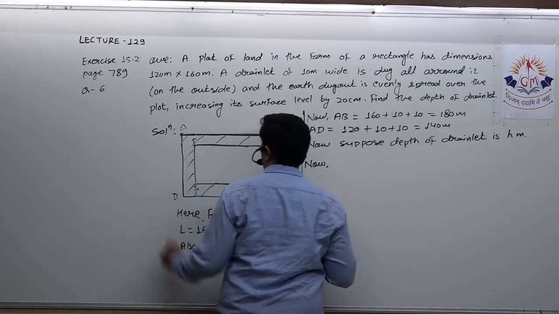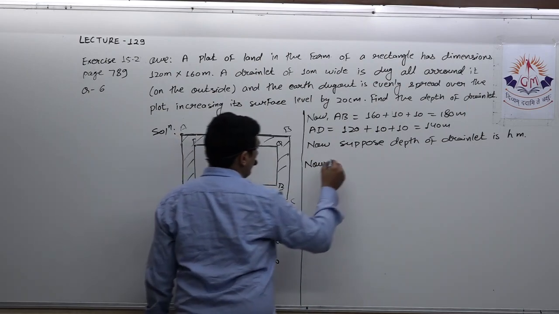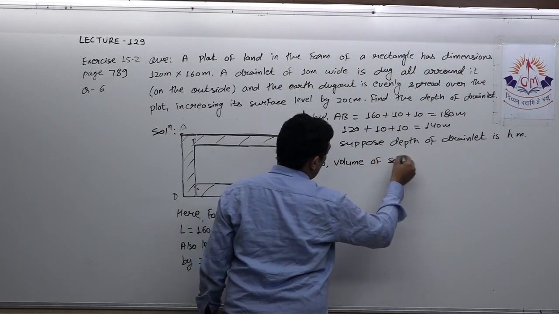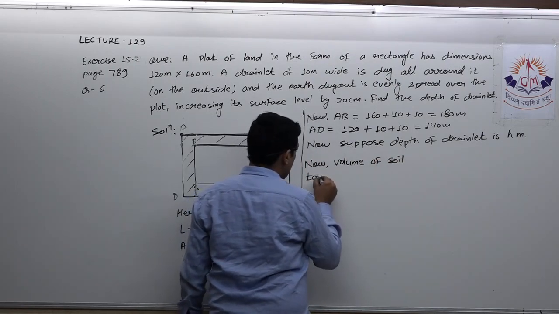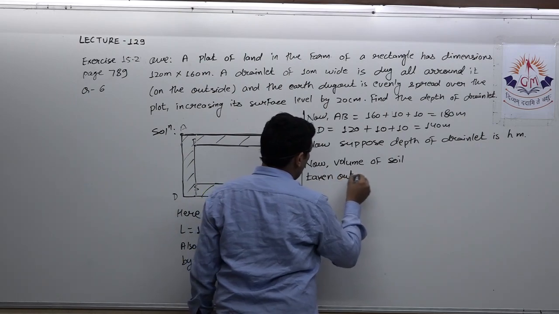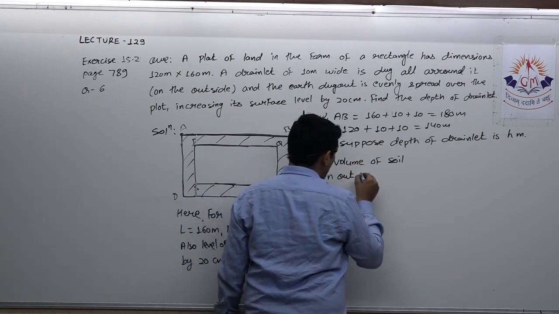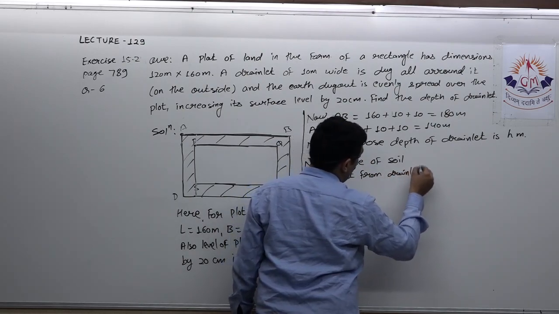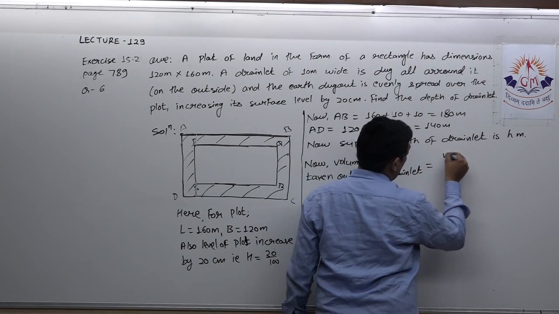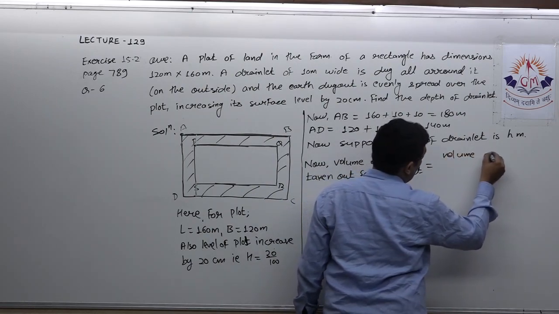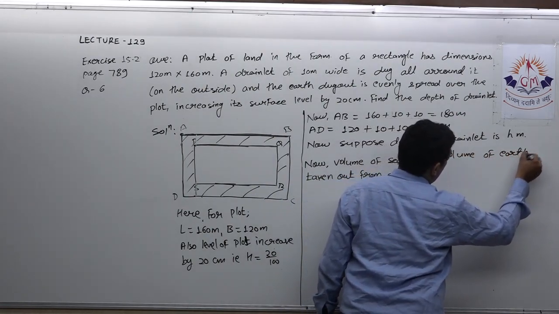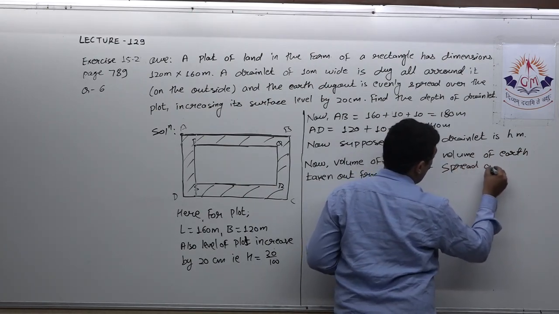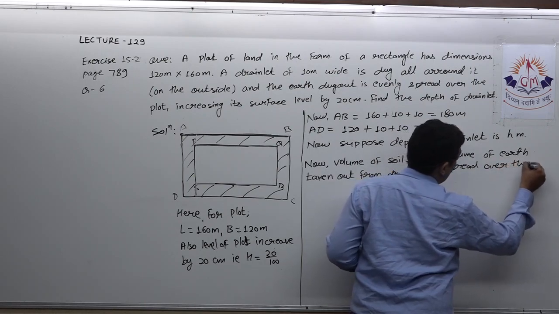Now I can say the volume of soil taken out from the drainlet is equal to the volume of earth or soil spread over the plot.